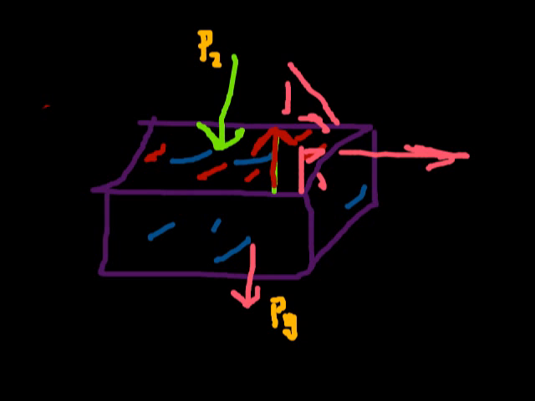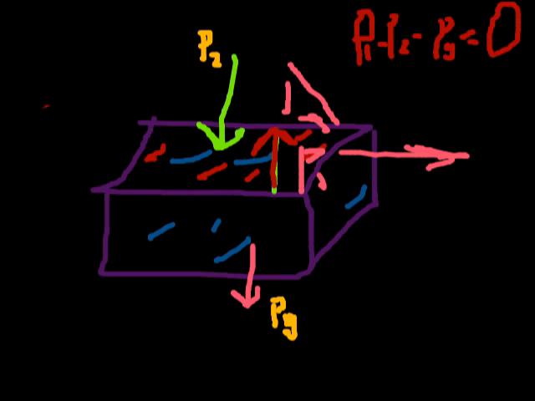If we know this, we could write an equation for it. We could write that pressure 1 minus pressure 2 minus the pressure of gravity must equal 0.